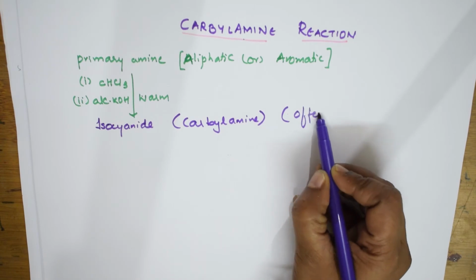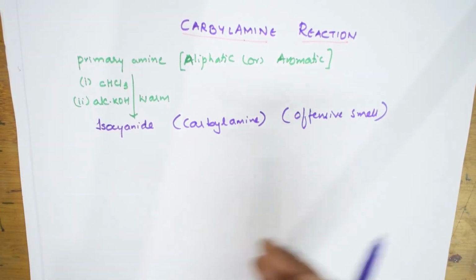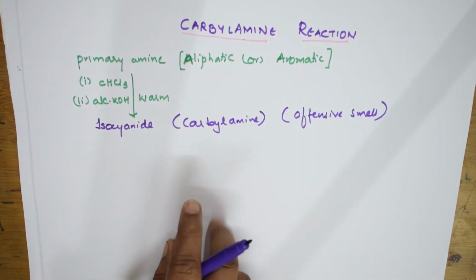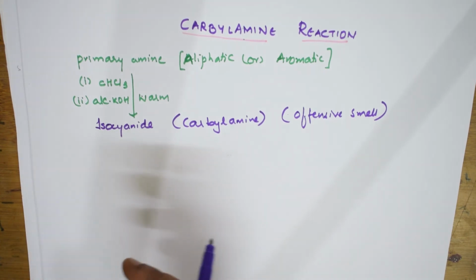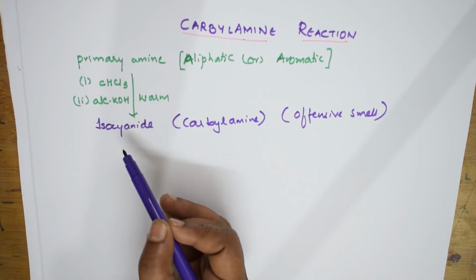Carbylamines have a very offensive smell. You can get it in a paragraph based question also: compound A with offensive smell. If they start like that, it is nothing but a carbylamine compound. Along with that there's also release of KCl in water. So this is a basic reaction. Remember, primary amine, chloroform, alcoholic KOH, isocyanide formation.